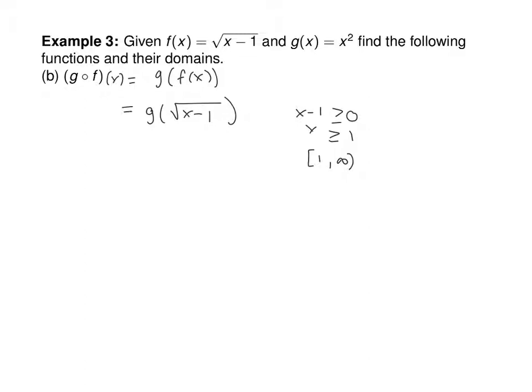And then that root thing gets plugged into the squared thing, and I get root x minus 1 squared. And what happens to the square root sign? It goes away and you just get x minus 1.